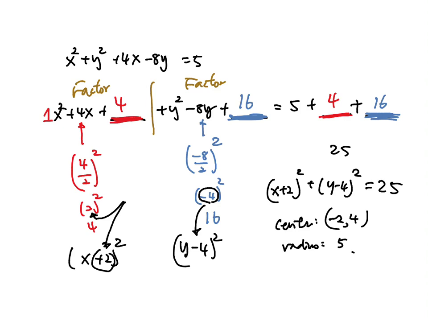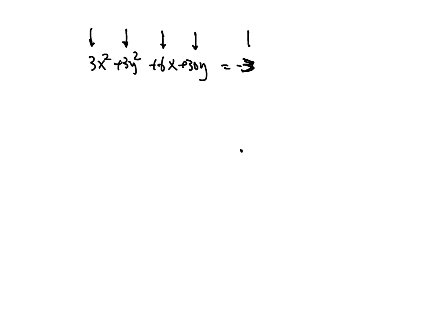Okay, next one. Next one, you have 3x squared plus 3y squared plus 6x plus 30y equals negative 3. So earlier we said that the only way to complete the square is if the number in front of x squared is 1. So I'm looking at 3, 6, 30, and negative 3.